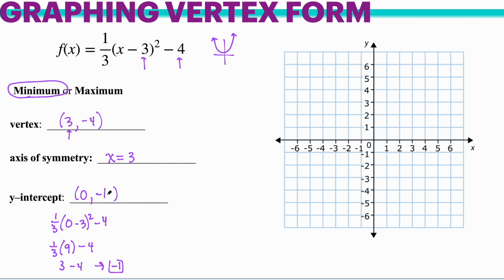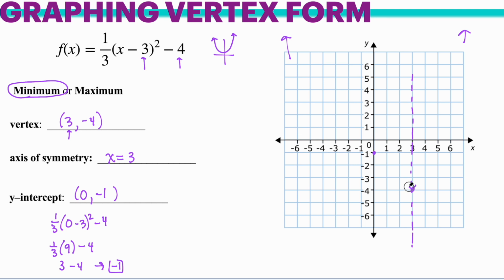So I'm going to plot everything I know. The vertex is (3, -4). So here's (3, -4), I know that is my vertex. I know it opens up on both sides, so I'm going to be drawing lines going up. The axis of symmetry is x equals 3. And I know that the y-intercept is at (0, -1).